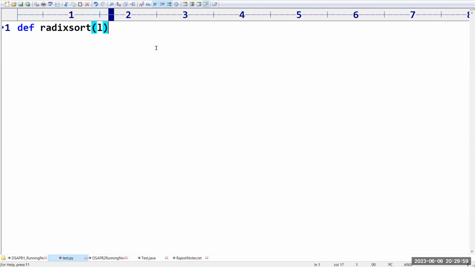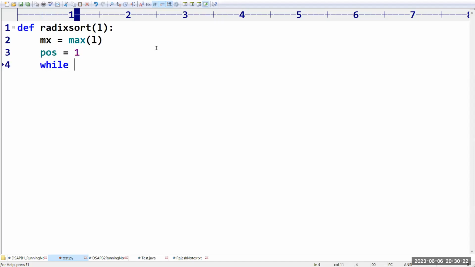This method is going to take a list, and I'm going to find the maximum element in the list, because you need to identify the digits, right? That's why I'm finding the maximum value in the list. Then I consider the position, initially the unit position, 1.